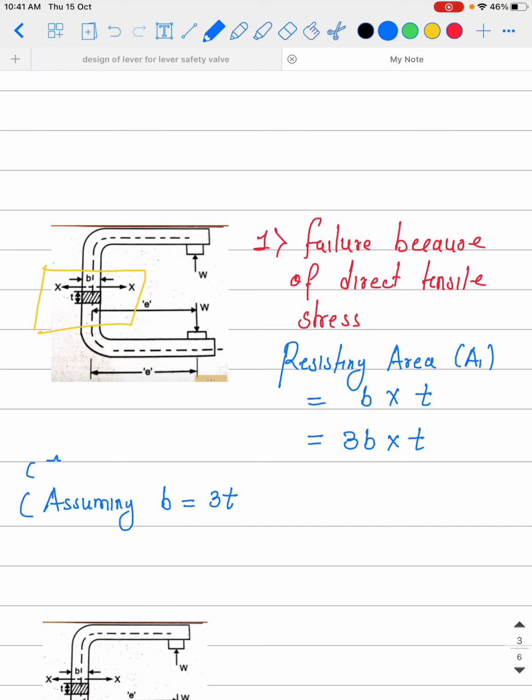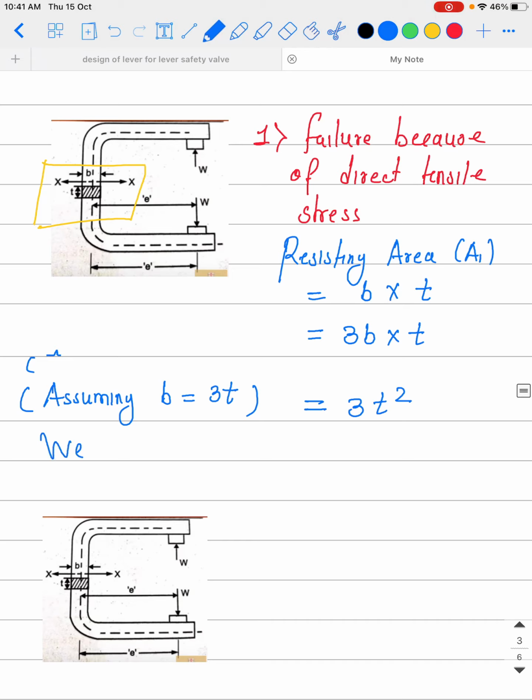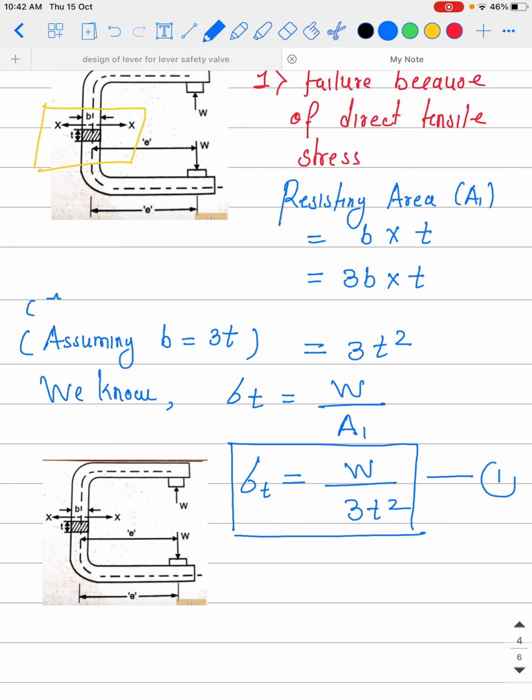So assuming B is equal to 3T, this is equal to 3T square, and thus we know tensile stress is equal to load W divided by the resisting area, so sigma T is equal to W upon 3T square. I call this equation 1.